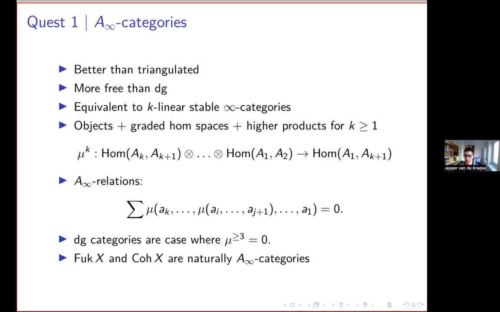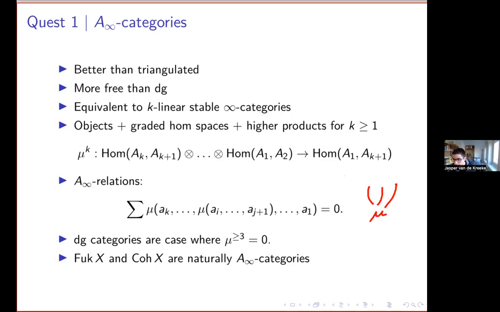And what are these maps mu k supposed to satisfy? They're supposed to satisfy the A infinity relations, which I've written down here. Now, a few days ago, I benchmarked my talk with a few colleagues at work, and they said, Jasper, you really need to write down some trees in this case. So how does this axiom look?